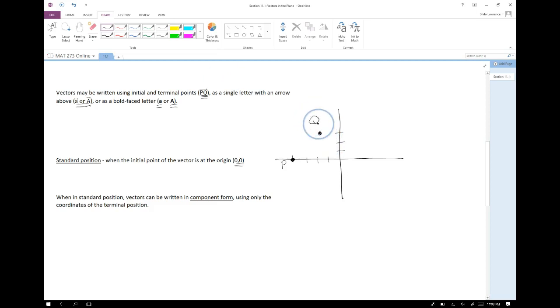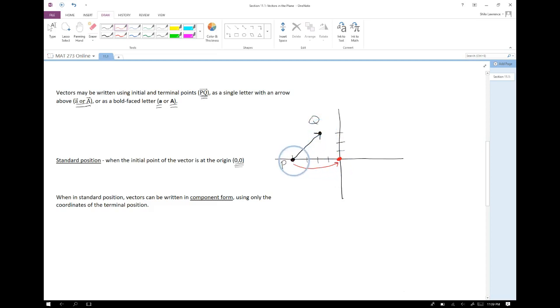That's our Q. So if I want to take this vector that right now is anchored down at 2 specific points, and I want to slide it into standard position, what I'm wanting to do here is take point P and move it to the origin. And I'm allowed to do that as long as I preserve my magnitude and my direction. So the way that we preserve magnitude and direction is whatever movement you have to apply to P to get it to the origin, you do the exact same movement to Q.